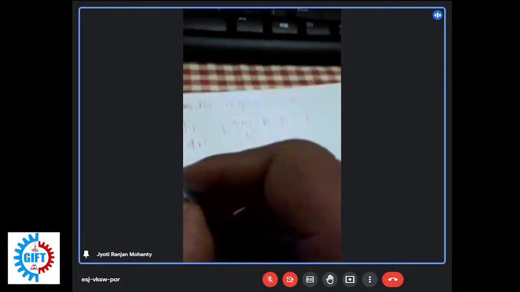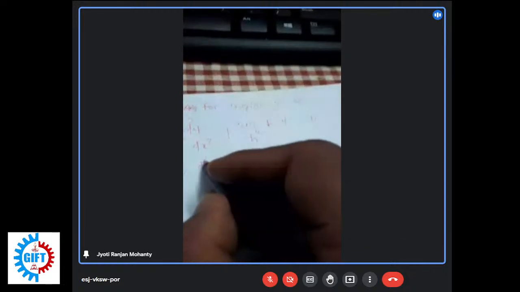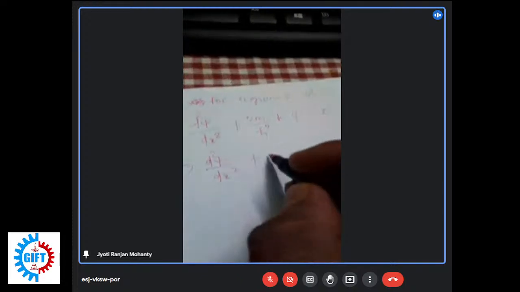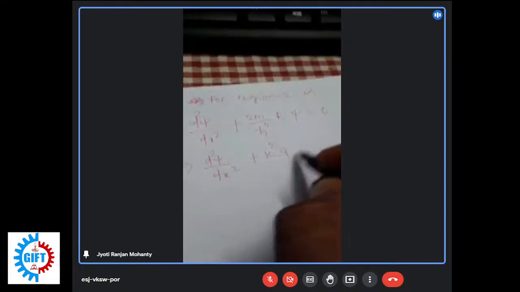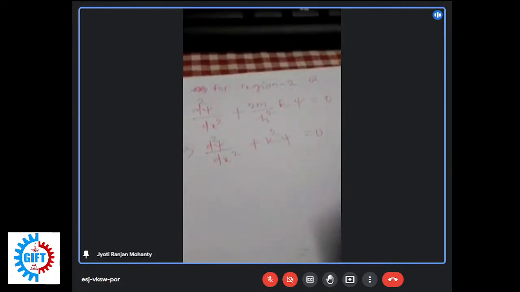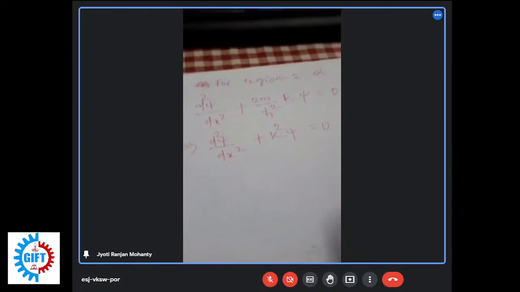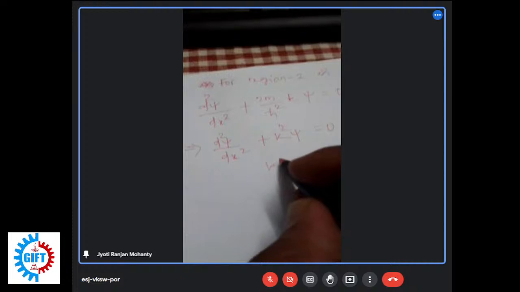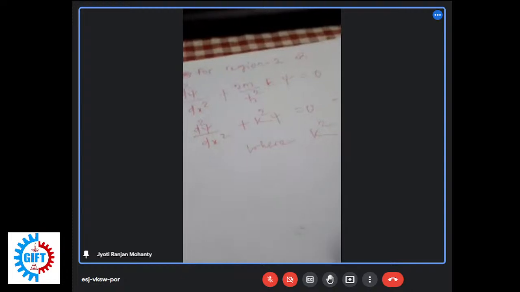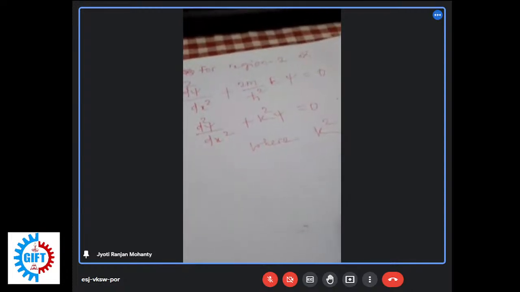So this implies d square psi by dx square plus k square psi is equal to 0. This is equation number 1, where k square is equal to 2m E by h cross square.